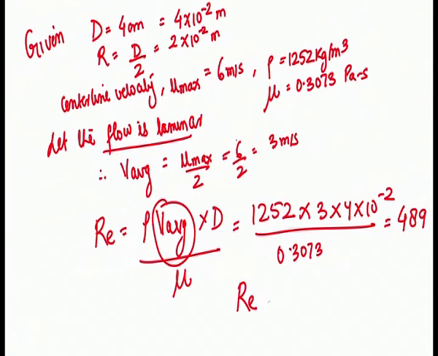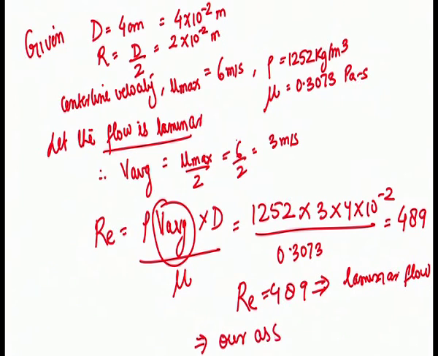So Reynolds number is without dimension, that is 489, which implies that this is laminar flow, and therefore our assumption of laminar flow is correct, okay.